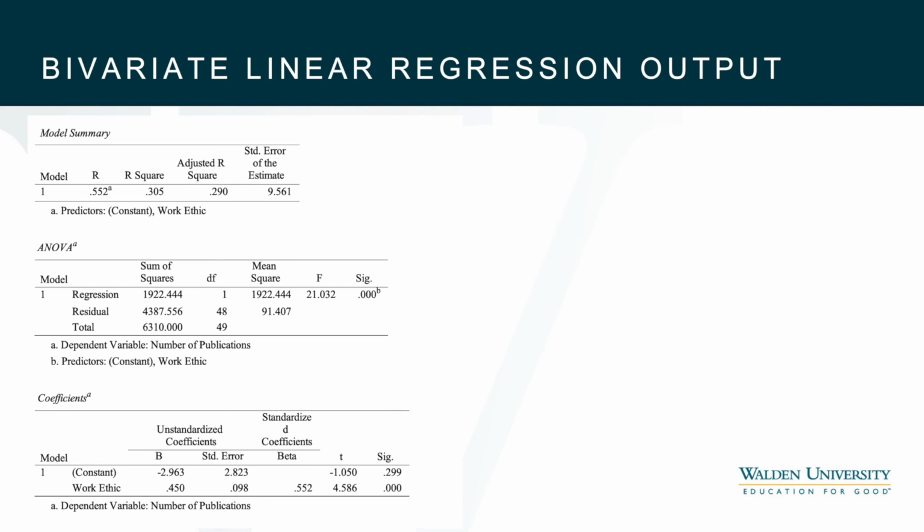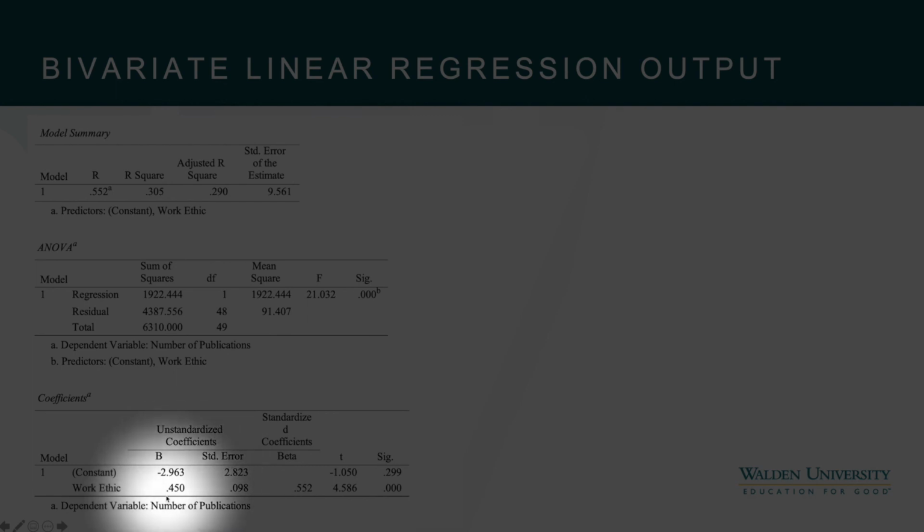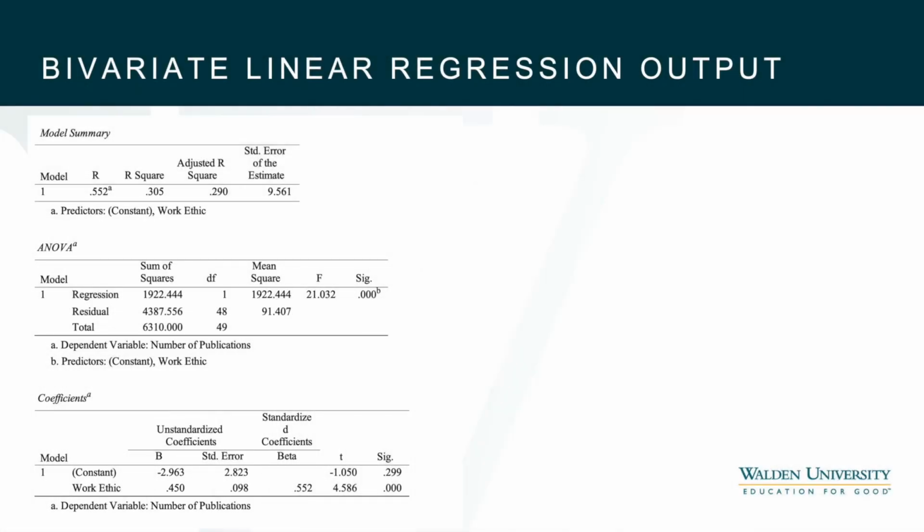But I also want you to take a look at the 0.45, the unstandardized coefficient that belongs to the work ethic variable. And I think here we can see that if you truly want to engage with professionals in the higher ed, in the academic world that produce more publications, then it helps to hire people with a good work ethic.